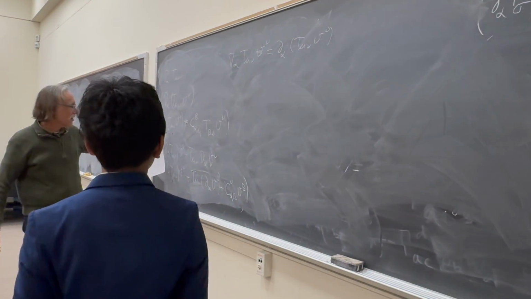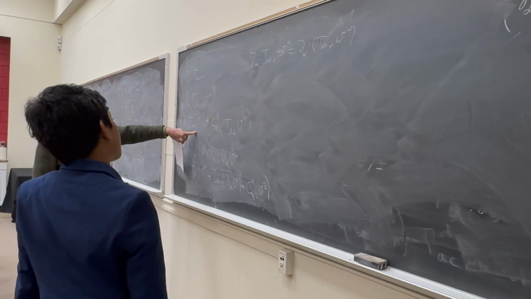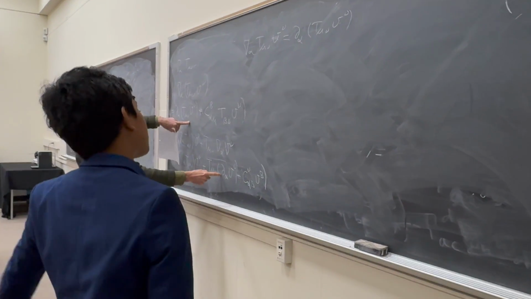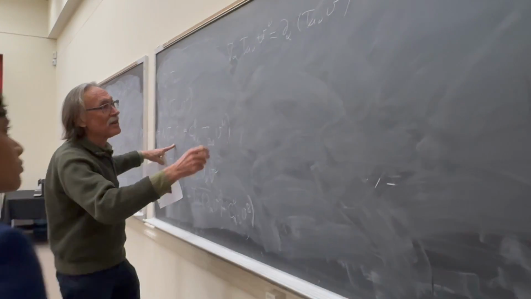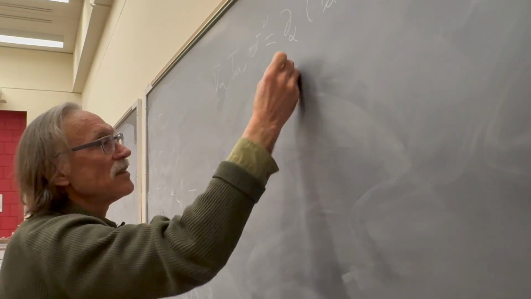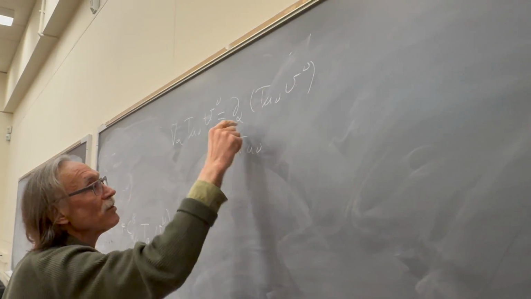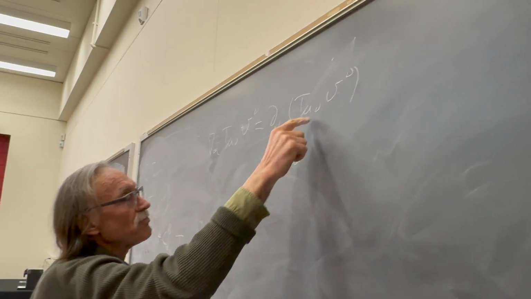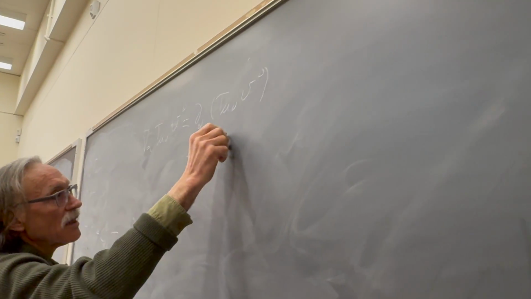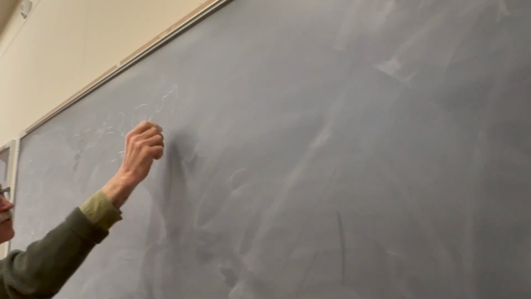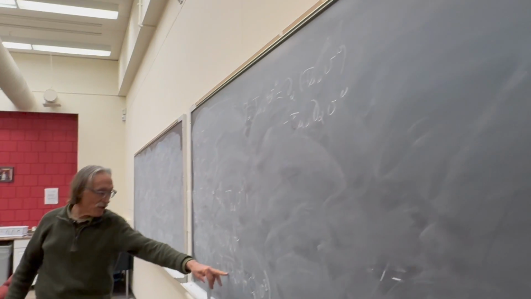Then here we bring this to the other side, so we have minus T mu nu times d alpha V nu. That is this term.